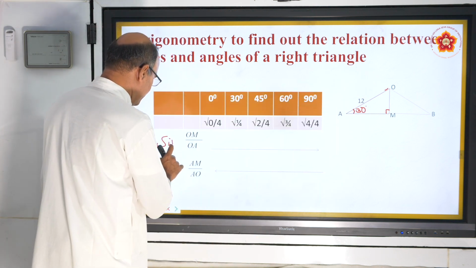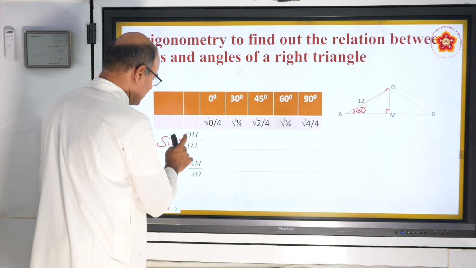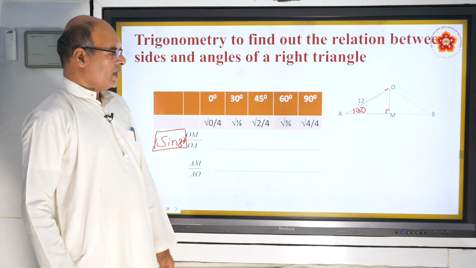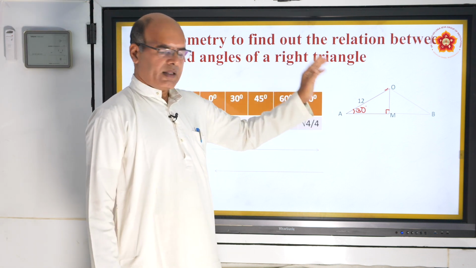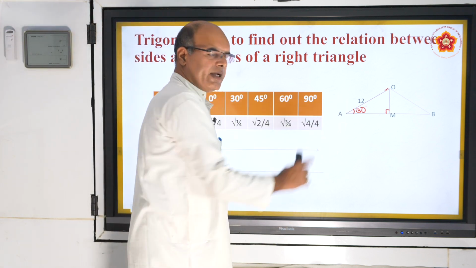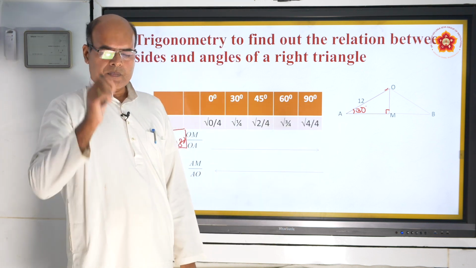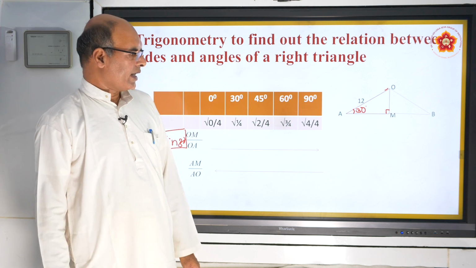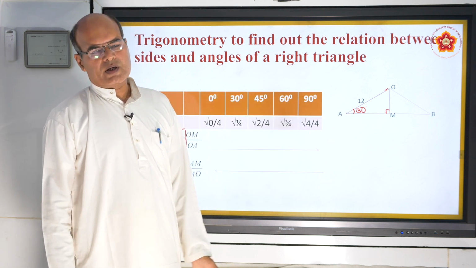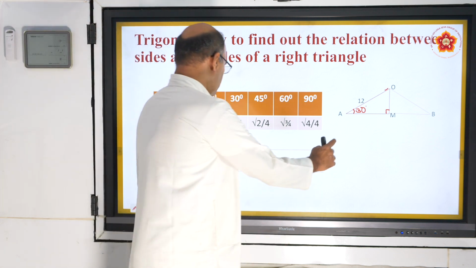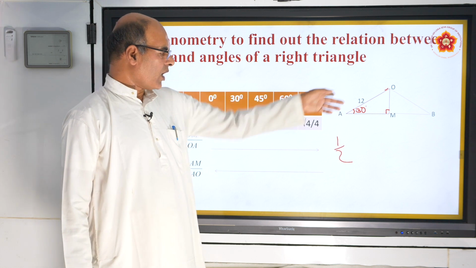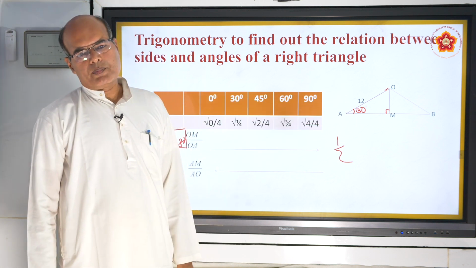It is called sin theta. Here the angle is 30 degree, therefore sin 30 degree. In any right angle triangle, if one of the angles is 30 degree, then the ratio between its opposite side to hypotenuse is half. That means OM is half of the hypotenuse.